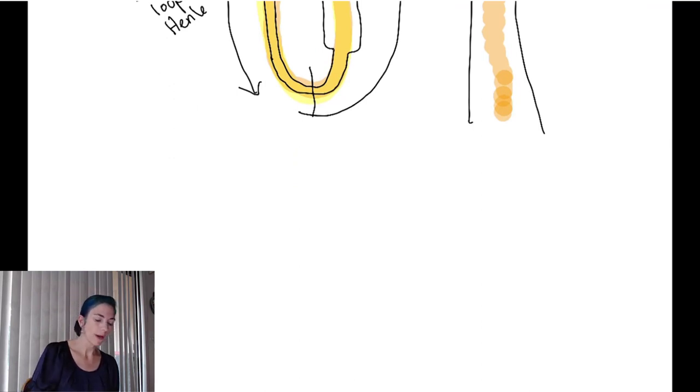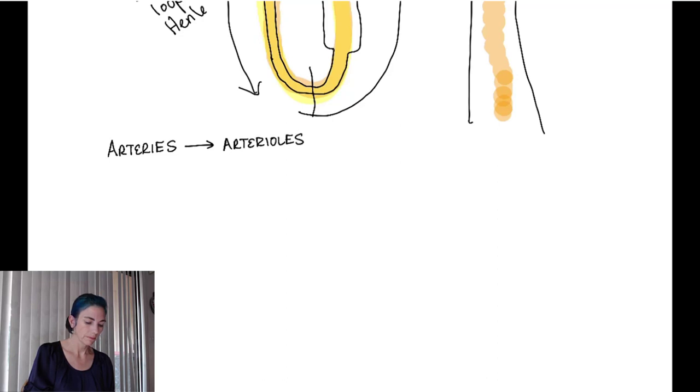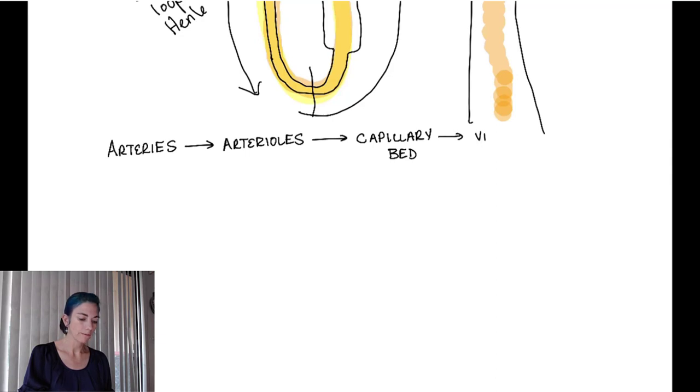So typically, when we have blood flow, we know that blood goes from arteries into arterioles, then an arteriole will lead into a capillary bed, so fluid will move into a capillary bed, and then from a capillary bed it will go into a venule, and then into a series of progressively bigger venules until it finally gets into veins.